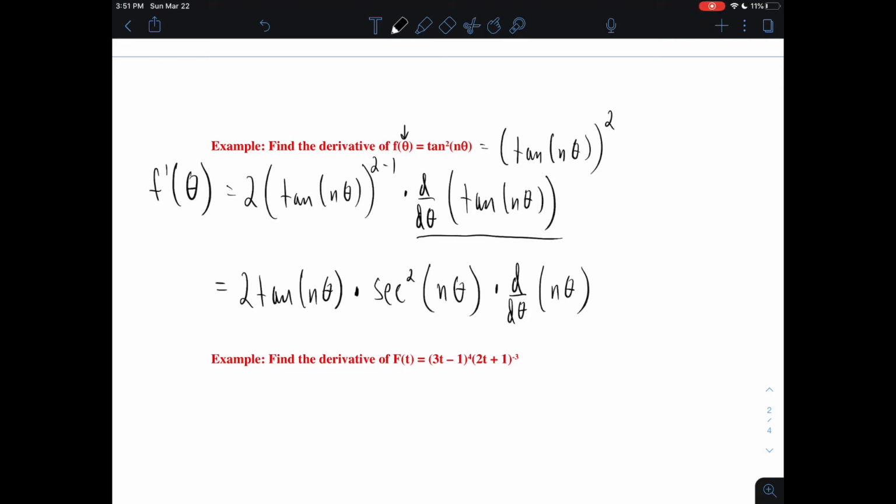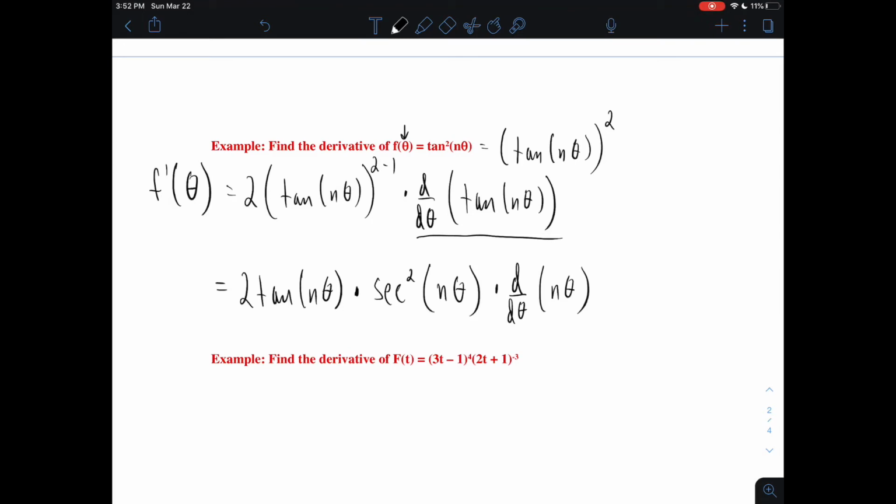And just think of this like a number times x. If you were trying to find the derivative of a number times x, it's just the number. This is the same thing. X is just now being played by theta, and the number is just being played by the constant n. So the derivative with respect to theta of n theta is just n.